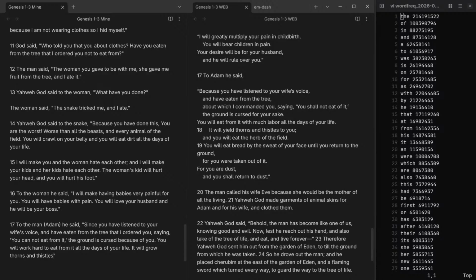Thorns and thistles. It will grow thorns and thistles to you. For you, because of you, at you. I feel like this might just be a run-on sentence.